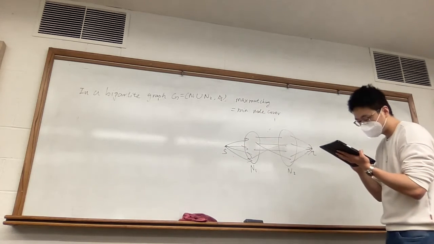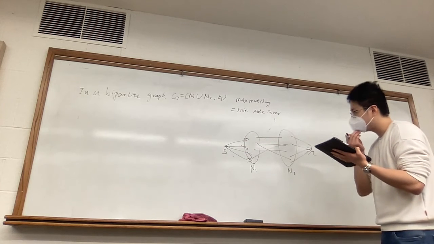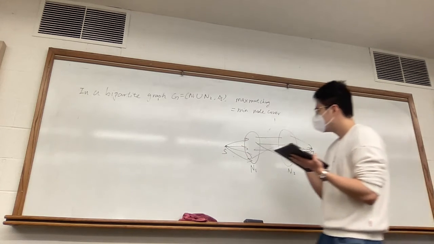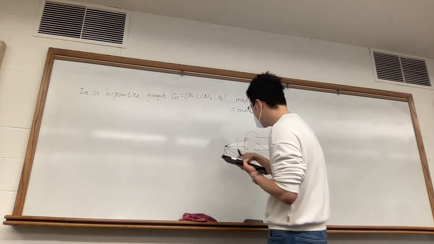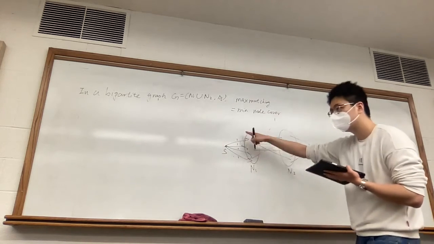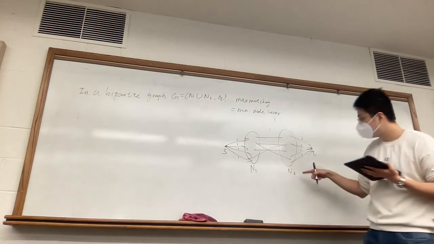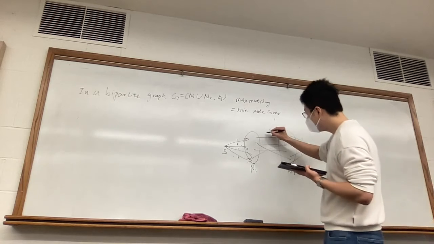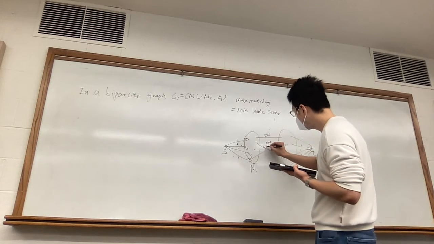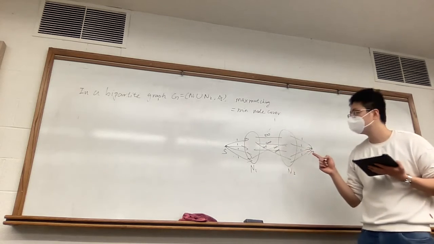And then how to define the capacity? We can just let the capacity of the arcs going from S to N1 all be 1. And for every arc that goes from N2 to T, they have capacity 1. And for all the arcs in the middle, they have capacity infinity.